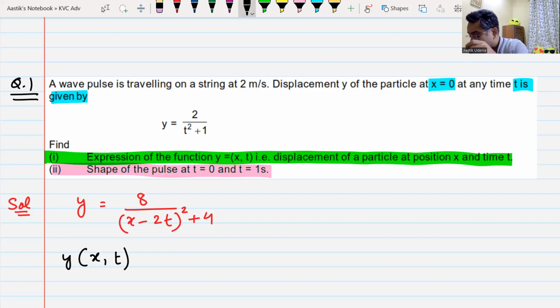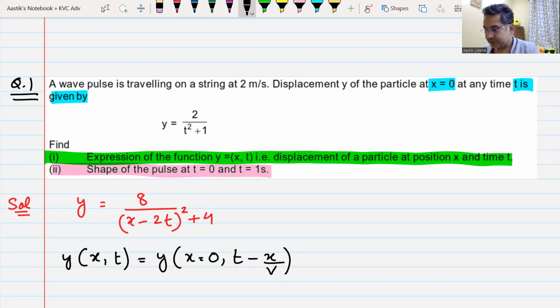You can also write this equation if y is given for x equal to 0, and in place of t you put t minus x by v, for a wave which is traveling in the positive direction of the x-axis.